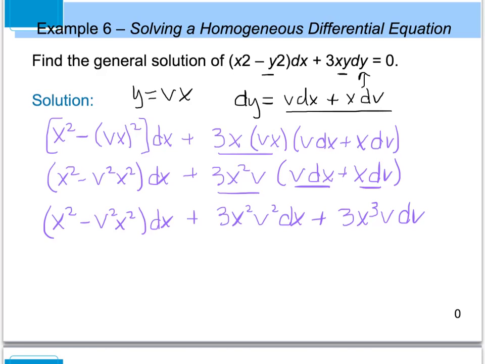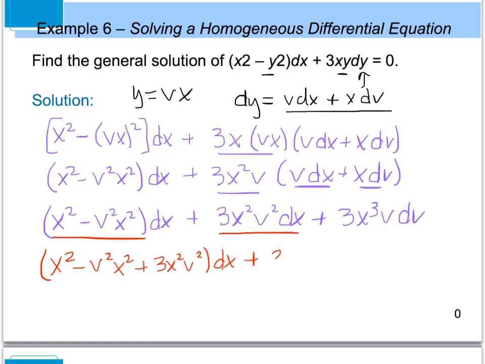Now, I see that I have a dx term here and a dx term here. Let's go ahead and combine those. That gives me x squared minus v squared x squared plus 3x squared v squared, and these are all our dx terms, plus 3x cubed v dv.